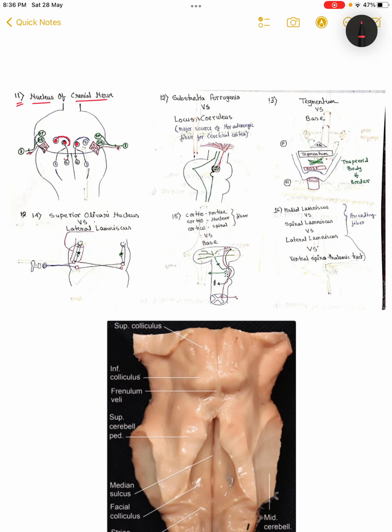When I say vestibulocochlear nerve, the vestibular part has a particular nucleus and the cochlear part has its own nucleus. So these two green balls are the cochlear nuclei, and I wrote them down as posterior and anterior. So it has two nuclei, posterior and anterior, or dorsal and ventral cochlear nucleus.